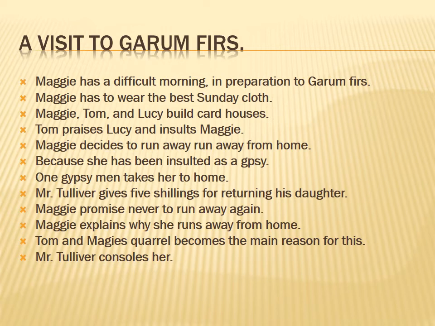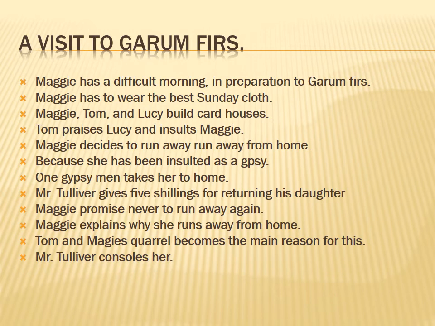When they went there, Maggie, Tom and Lucy started to build card houses, and Tom praises Lucy and insults Maggie. This makes Maggie very angry at Tom, and she decides to run away from home because several times she had been insulted as a gypsy.